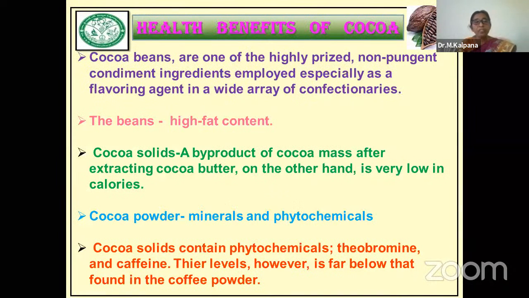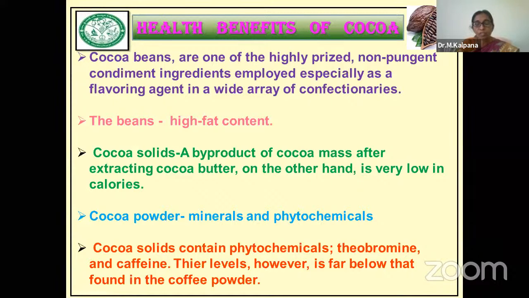Regarding its health benefits, it is one of the highly prized and non-pungent condiment ingredients, employed especially as a flavoring agent in a wide array of confectionaries. It is a very rich source of fat content, and from the cocoa beans they extract one byproduct, that is cocoa butter, which is rich in fat content, whereas the cocoa solids are very low in calories.